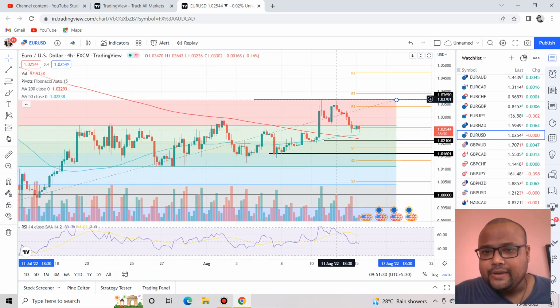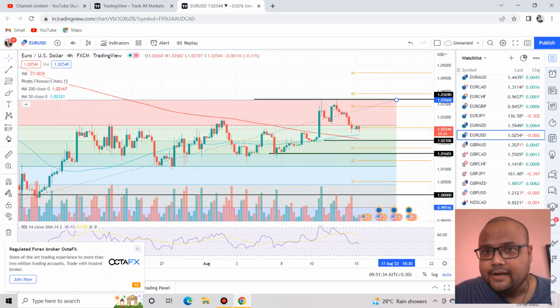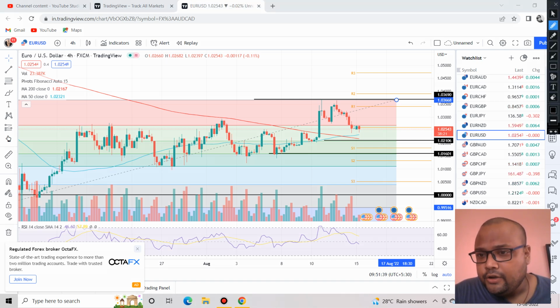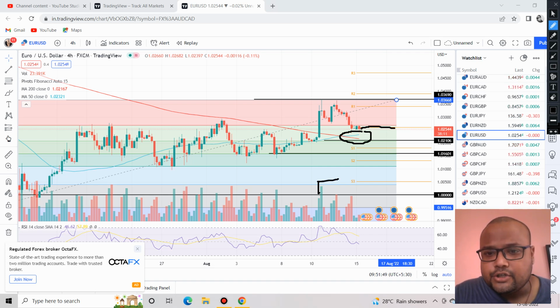As we can see, Euro USD is also very much flat here, not much craziness or volatility in the market. Euro dollar is standing at 1.0254, the current market price, and more or less it is standing at the 50 moving average.